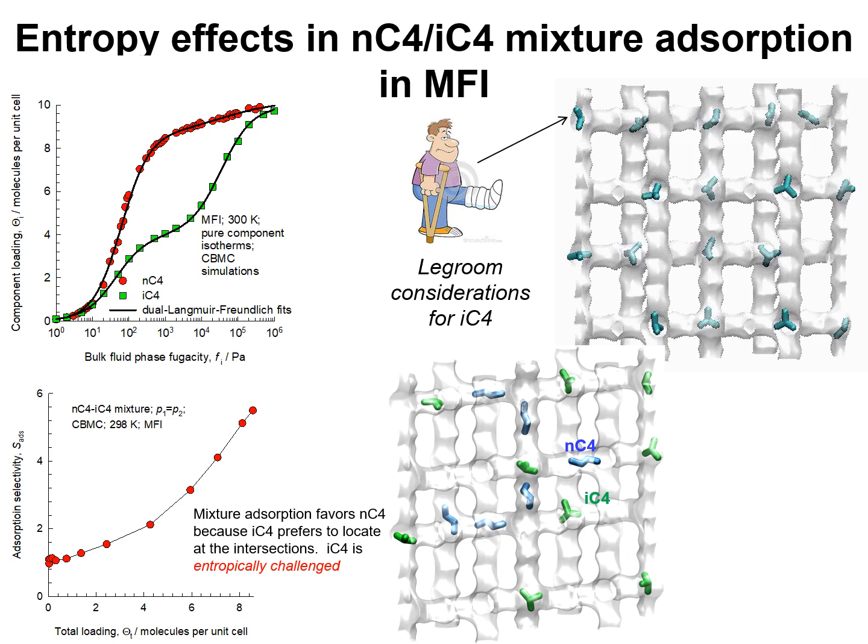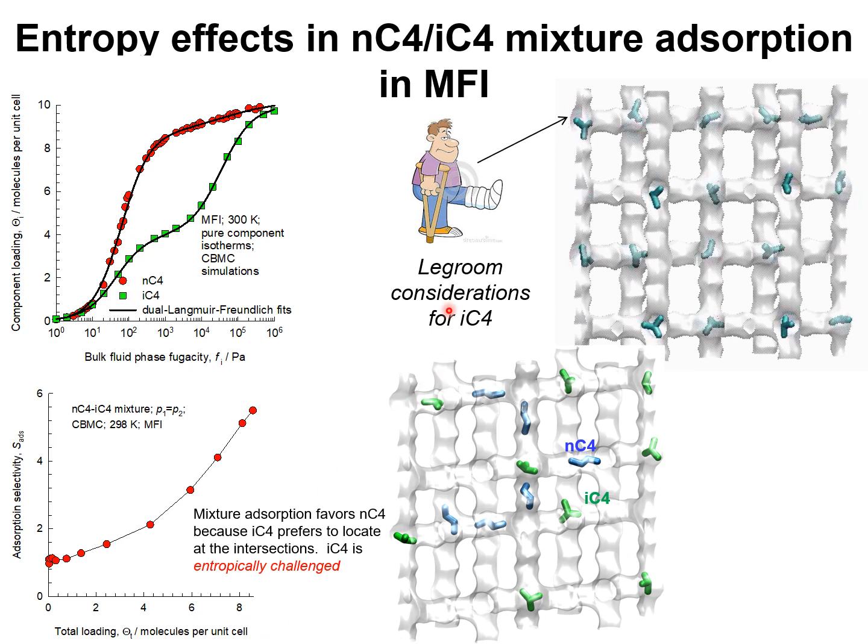This can be observed if we view the animations. We see isobutane has a rotational degree of freedom at the intersection sites, and we need an extra push in order to have isobutane locate within either the straight channels or the zigzag channels.